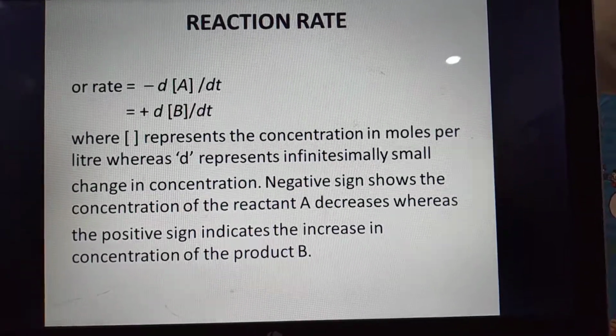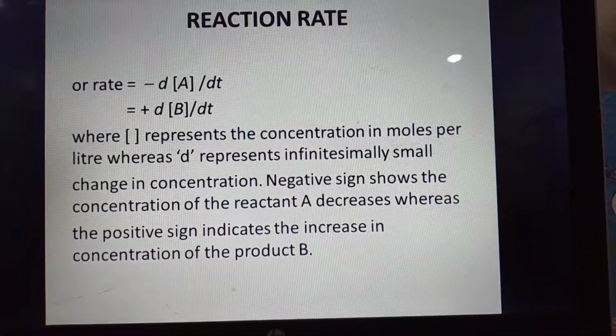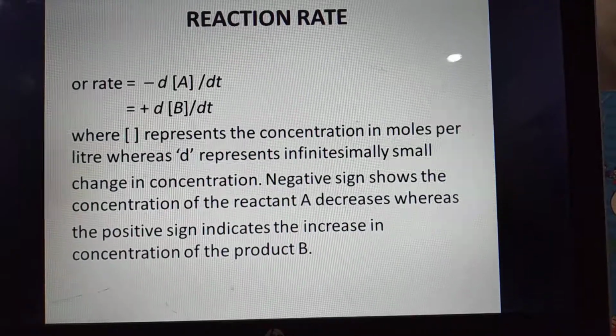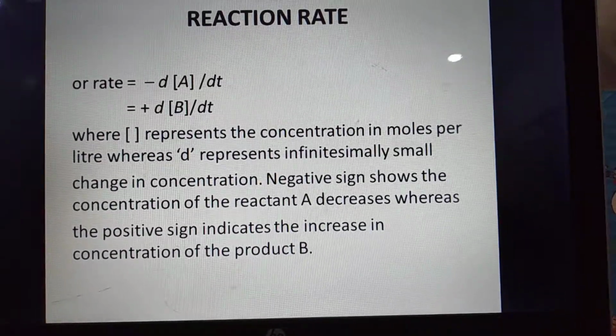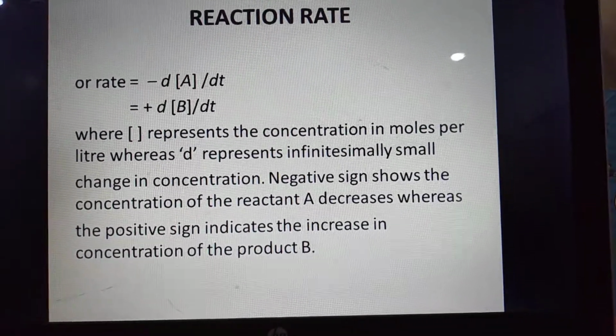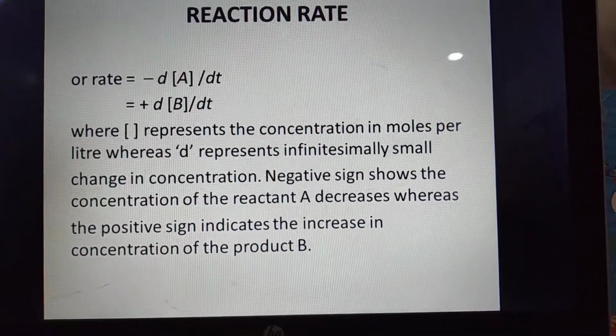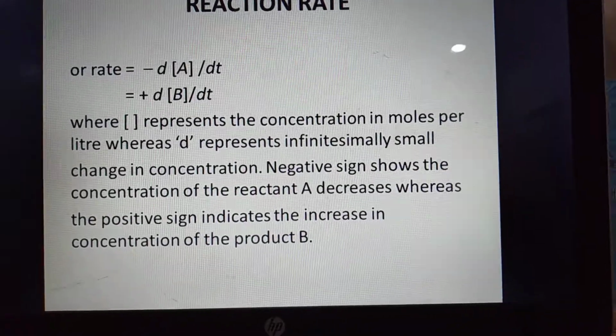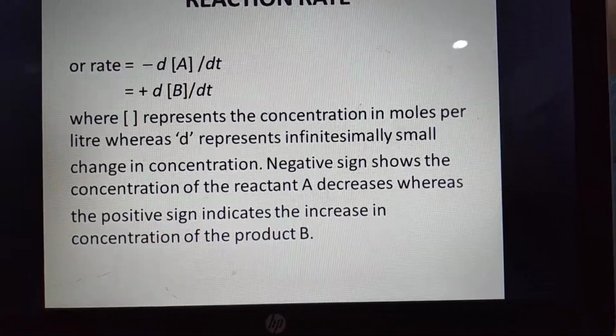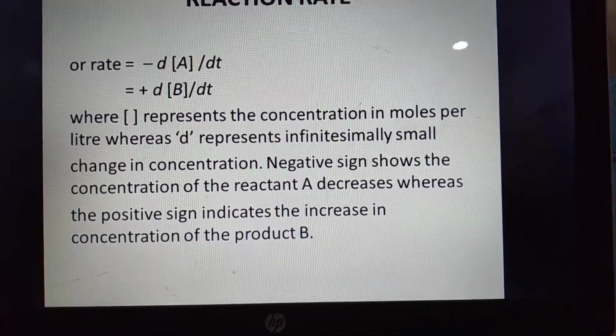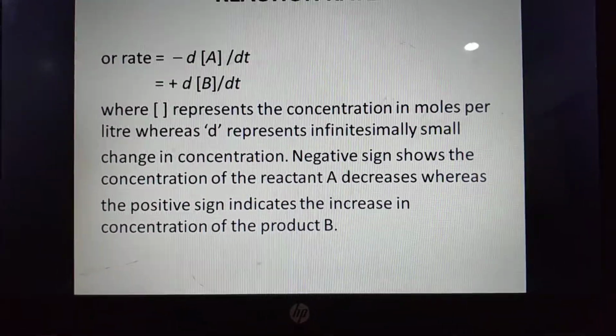The square bracket represents the concentration in moles per liter, whereas d represents an infinitesimally small change in concentration. The negative sign shows that the concentration of reactant A decreases, while the positive sign indicates the increase in the concentration of product B.